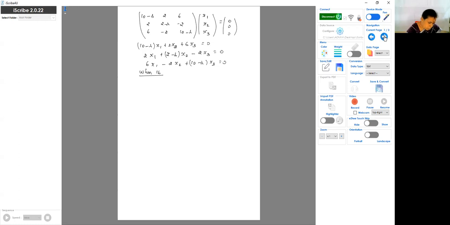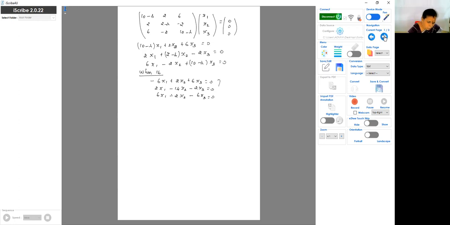So it is 10 minus 16, which is minus 6x1 plus 2x2 plus 6x3 equal to 0. 2x1 plus 2 minus 16, which is minus 14x2 minus 2x3 equal to 0. 6x1 minus 2x2 minus 6x3 equal to 0. The first and third are the same equations.